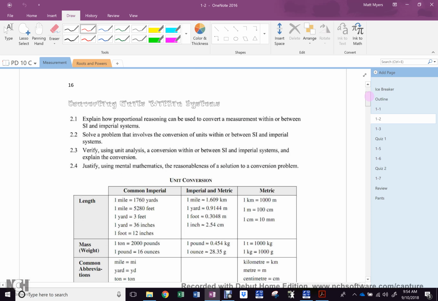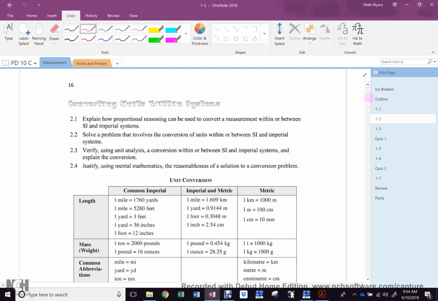All right? Now, what we are going to do is do two things. We are going to work on changing measurements within one system, and then we're going to work on changing measurements between the two. Obviously, where we live in the world, changing measurements between the two is the more important skill because we are stuck attached to the United States, and we need to be able to think in both.